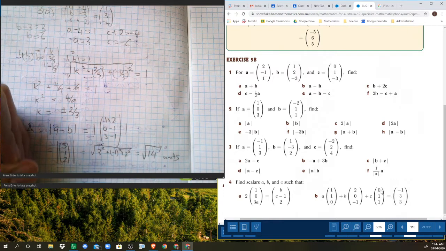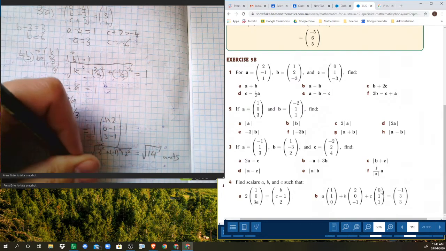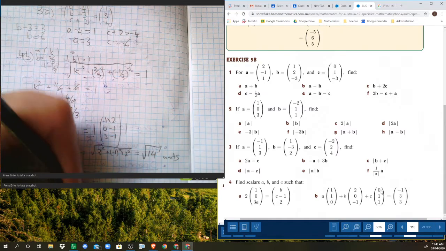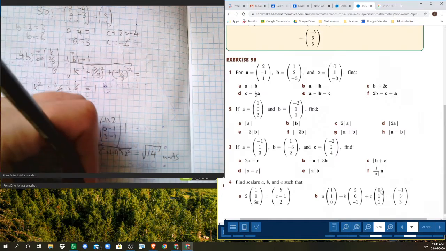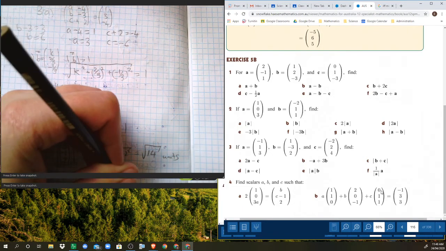If I just write it out first for the purposes of the exercise. So we got A times 1, 0, plus B times 2, 0, 1, plus C times 0, 1, 1.